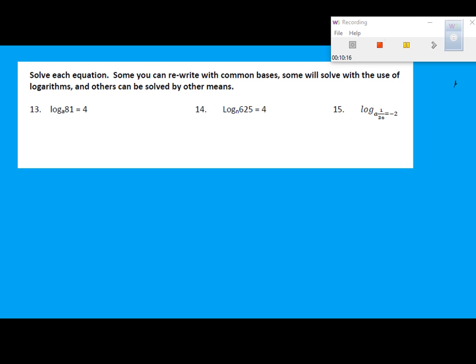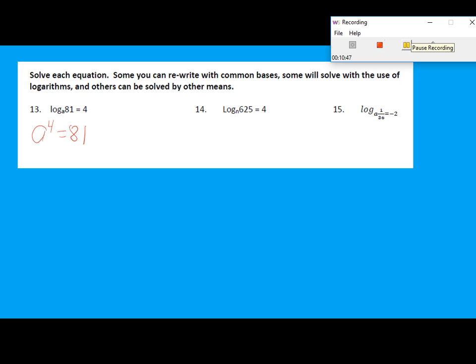So my next one here, log base a of 81 equals 4. A lot of times what we'll do is write this as an exponential first. So I'm going to write this as a to the 4th equals 81. Now this is like one we did the other day. My unknown is not an exponent.